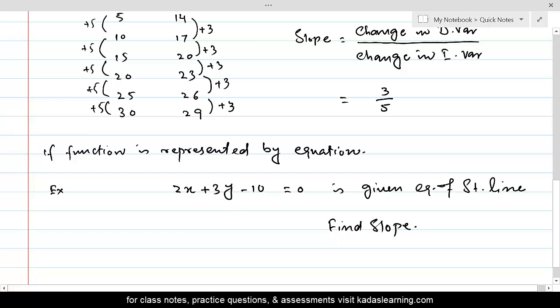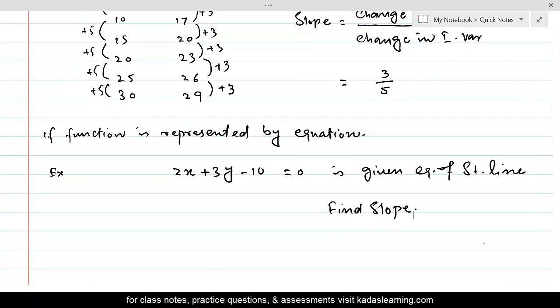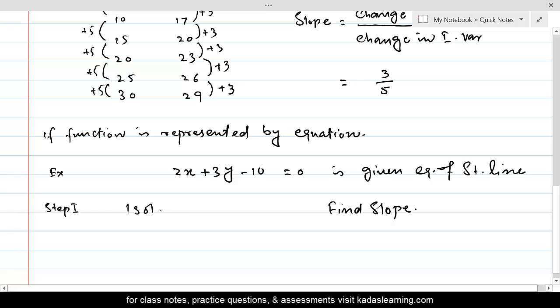The procedure for this is we are going to isolate y. Step 1 is isolate y. How can we isolate y? By moving all the terms independent of y from the left side to the right side.